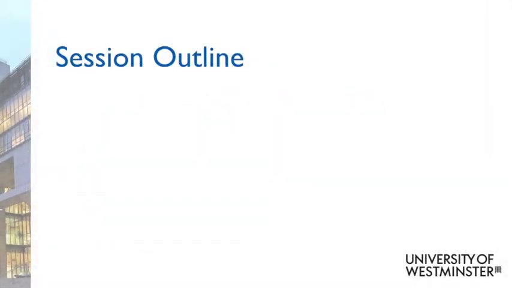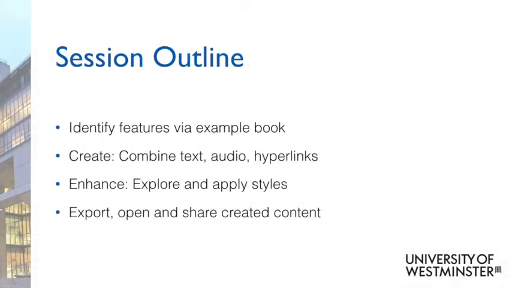So in this series, we will be identifying the features that help us engage students in the learning process using our example book. We'll be taking our own content and creating our own digital book. We'll then look at how to enhance what we've created. And finally, we'll look at how to export what we've created and share it.